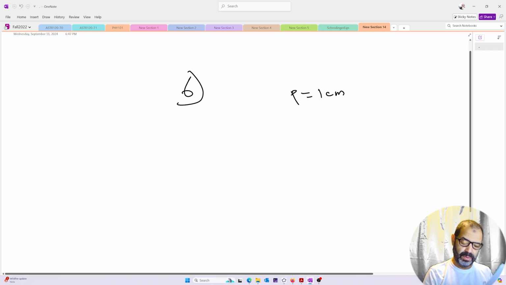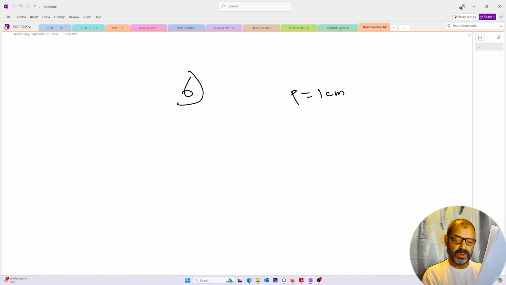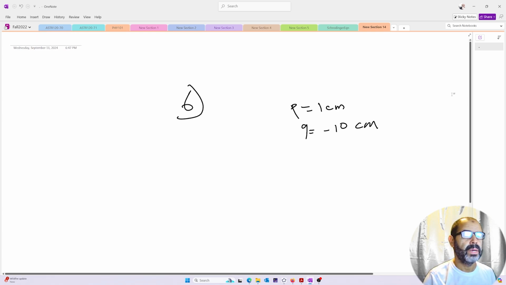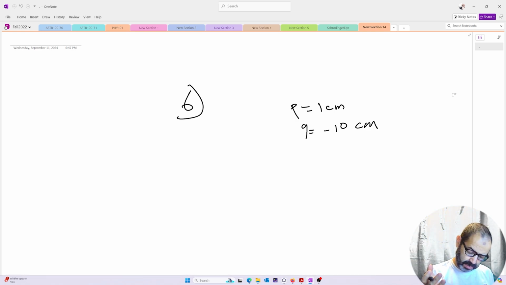The image of the tooth is formed 10 centimeters behind the mirror, so the image Q is 10 centimeters behind the mirror. Therefore, it's a virtual image. Remember, mirrors can produce an image that is real in front of the mirror, because that's where the light is. But in this case, it's behind the mirror. Therefore, it's virtual. Determine A, the mirror's radius of curvature, and B, the magnification of the image.